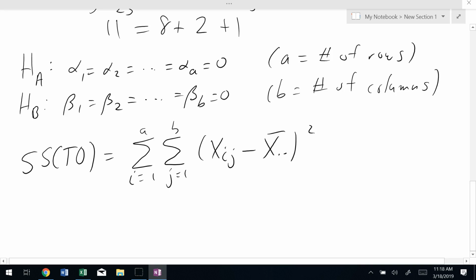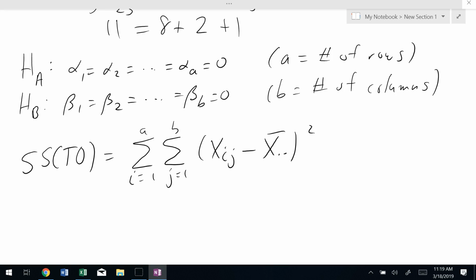We already know that if I take this, divide it by sigma squared, and multiply it by its degrees of freedom, I get a chi-squared random variable, right? We've already talked about that before, because that's sample variance.